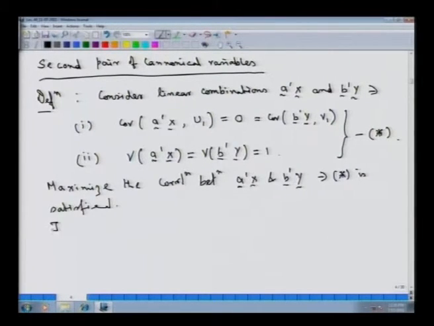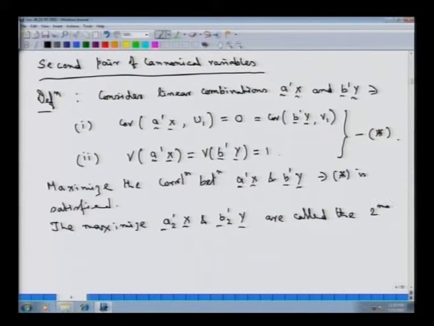The maximizing A2' x and B2' y, say, let me have this notation, are called the second pair of canonical variables.